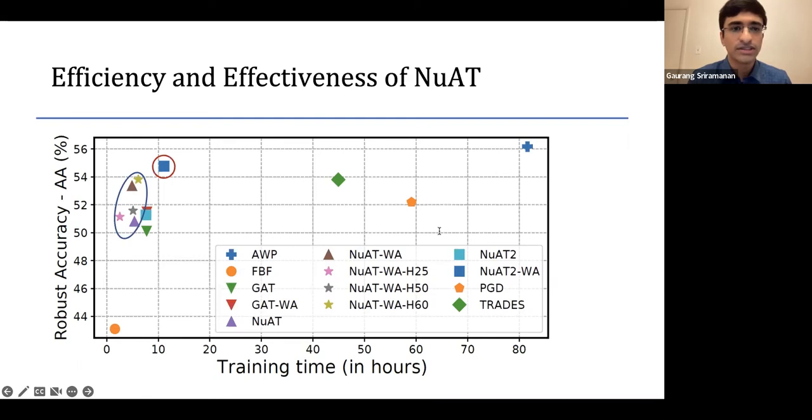Furthermore, the proposed NuAT WAT2, the two-step defense, achieves a robust accuracy of 54.76, and it outperforms other multi-step defenses, including TRADES and PGD, as seen in the plot here, while requiring a significantly lower computational cost, as seen in the X coordinate.